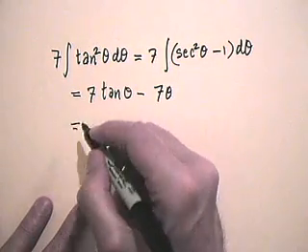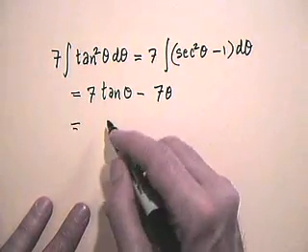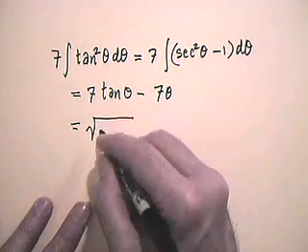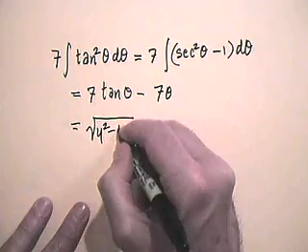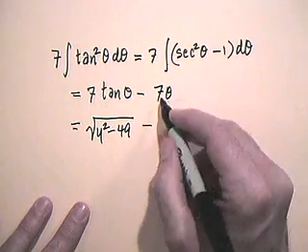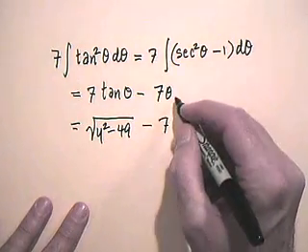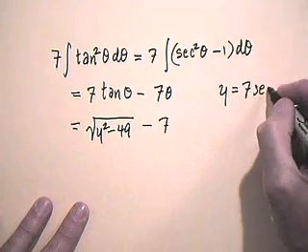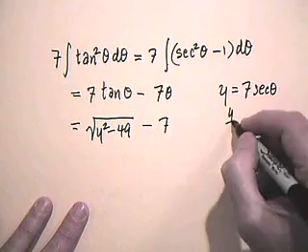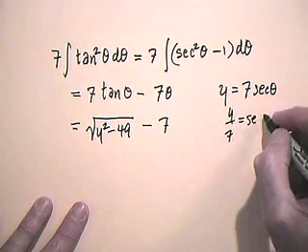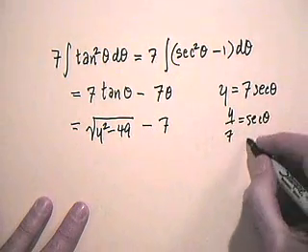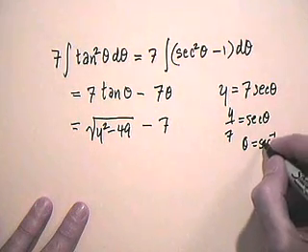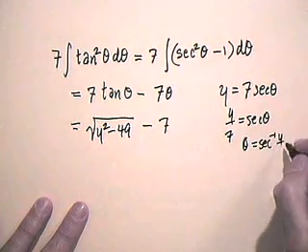Well, what was 7 tan theta? That was the whole radical we began with in the numerator, square root of y squared minus 49, and minus 7 times theta. Well, remember, y is 7 secant theta, so y over 7 is secant theta, and so theta itself is secant inverse of y over 7.